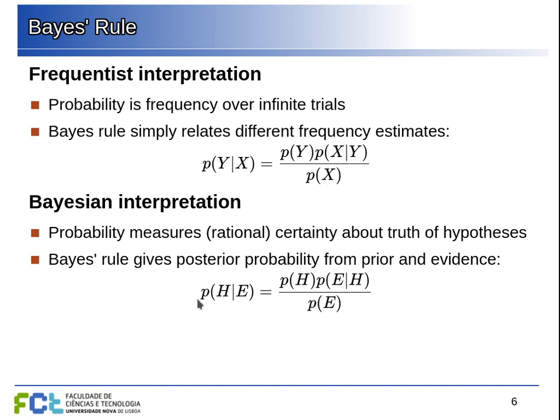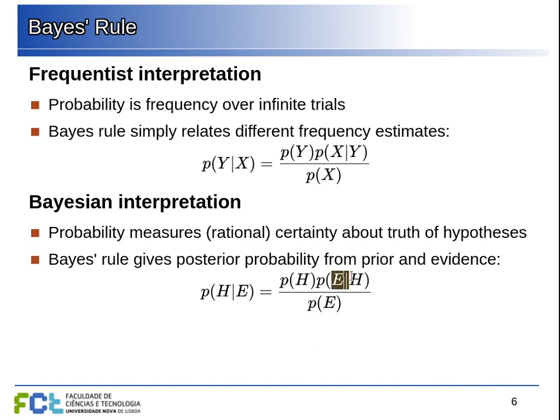So the idea here is that the conditional probability of some hypothesis given some evidence, and in this Bayesian sense, the probability will be our confidence that the hypothesis is true, would be a function of the prior probability that the hypothesis is true. That is something we assumed about how likely the hypothesis is to be true.